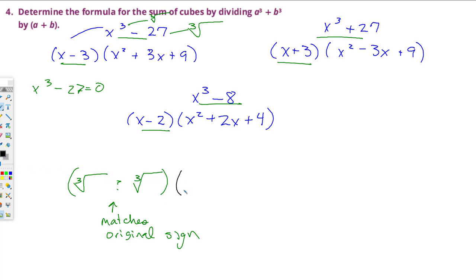Now let's look at the second parenthesis. How do I find this first thing?